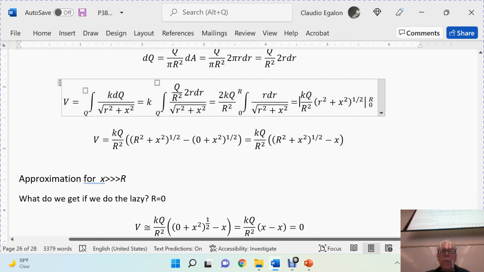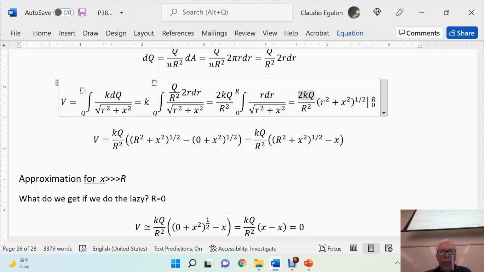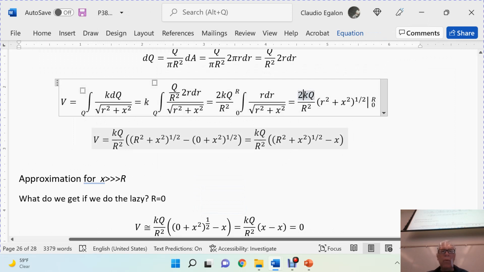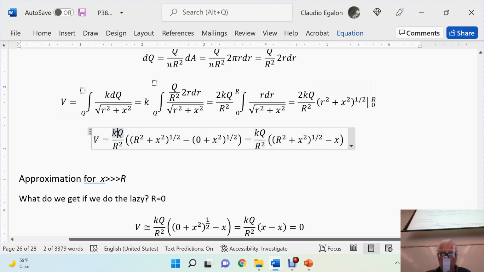Okay, let's put the 2 in there. So 2kq over r squared, and that is the integral. So let's put a 2 here.